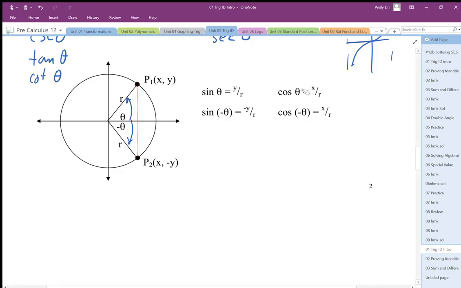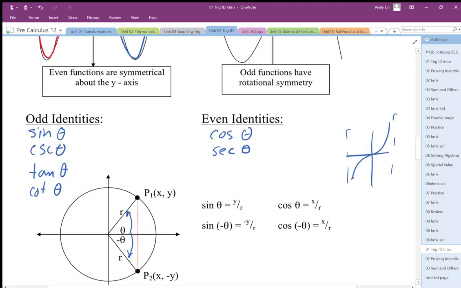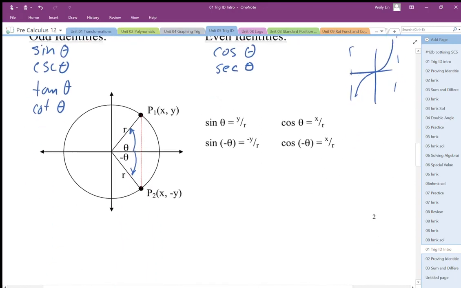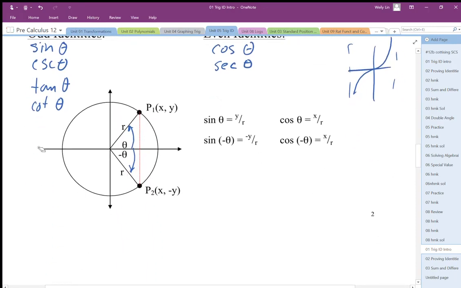That is an odd symmetry. Even symmetry means that if I go in the positive direction, I get the same x coordinate as if I go in the negative direction. And that's going to give us this type of symmetry on a graph, and it looks like this. So odd is going to be folding across here. That's our sine function. It has this odd symmetry across 90 degrees, whereas even functions like cos have this symmetry across that horizontal line.